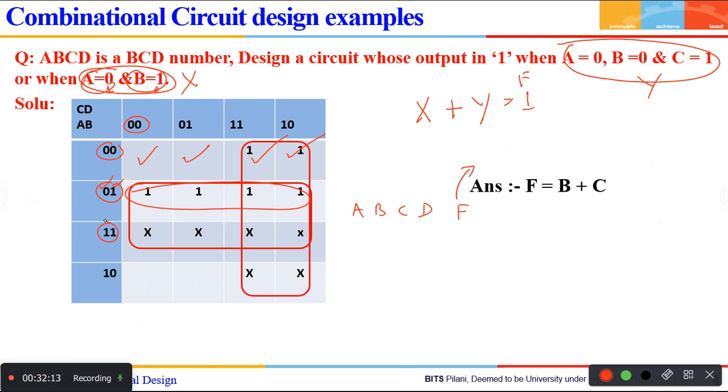It's written BCD number. Very good. For a BCD number, anything after 9 is going to be a don't care. Those numbers are not used in the input at all. That's why you put all X in this. Good.